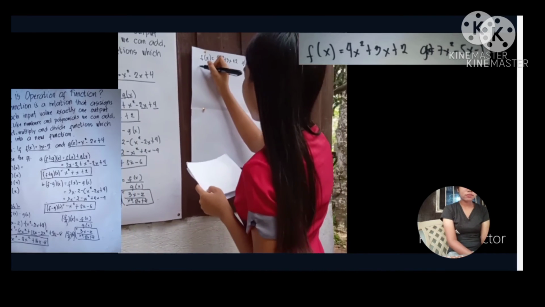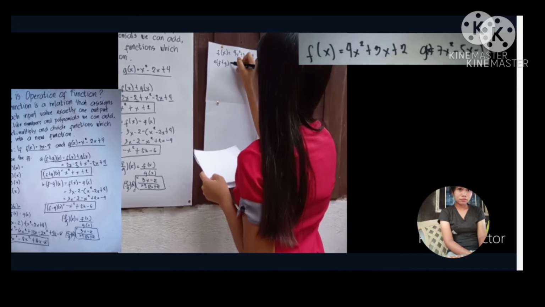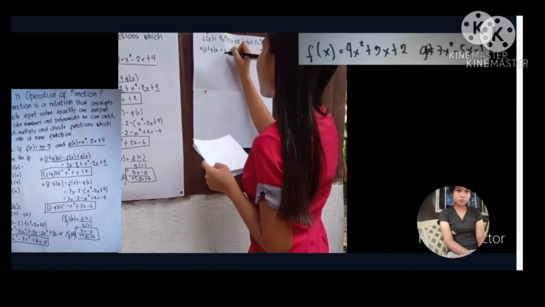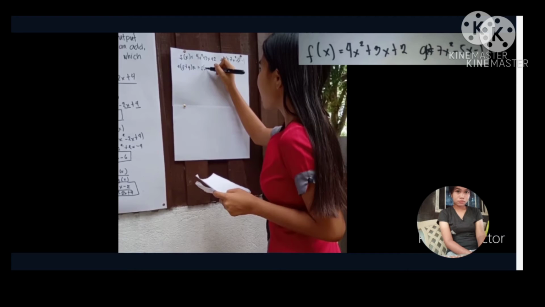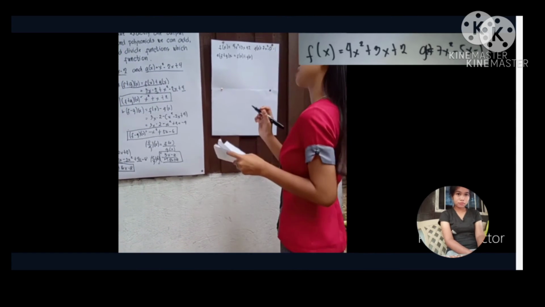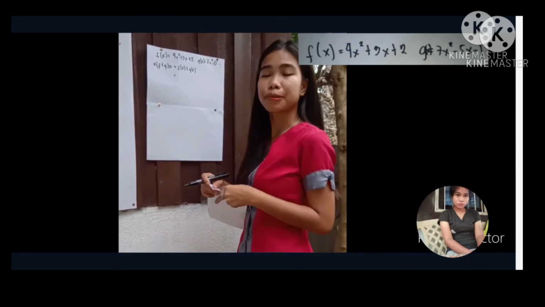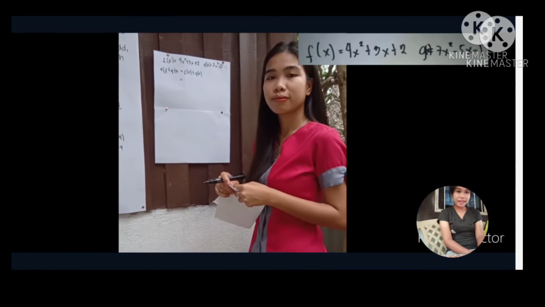f plus g of x is equal to f of x plus g of x. What is the value of f of x? 4x squared plus 3x plus 2.